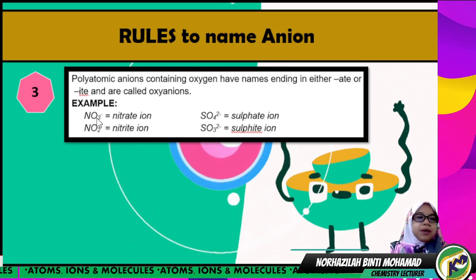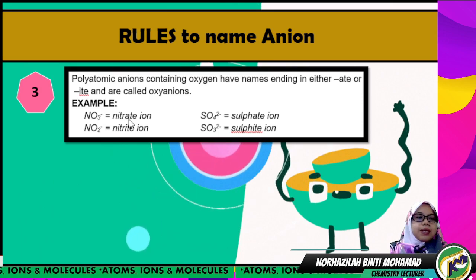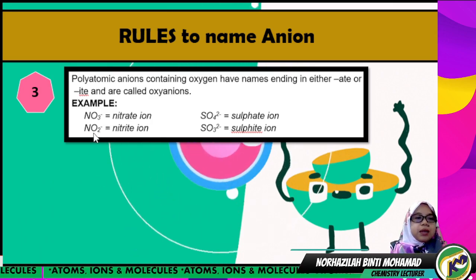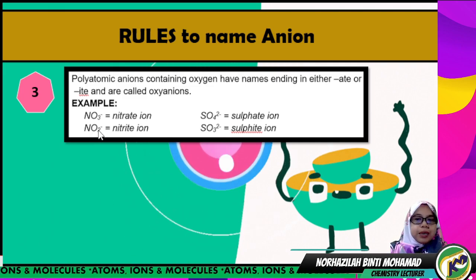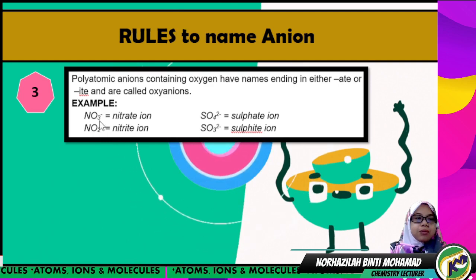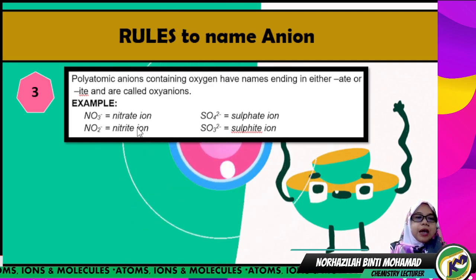For example, we have NO3 minus, which we call nitrate ion. NO2 minus has one oxygen fewer than nitrate, so the name changes to nitrite ion.